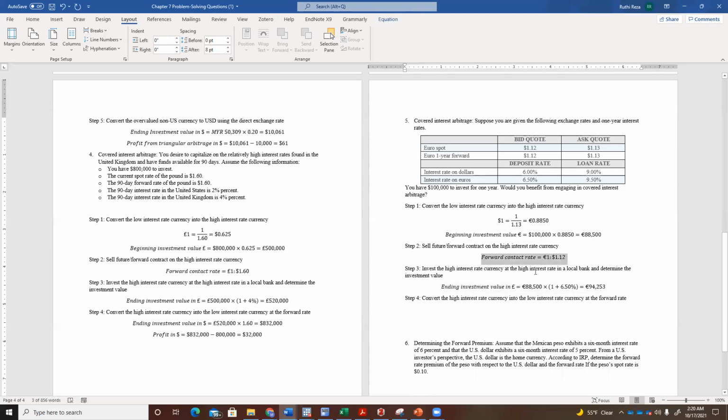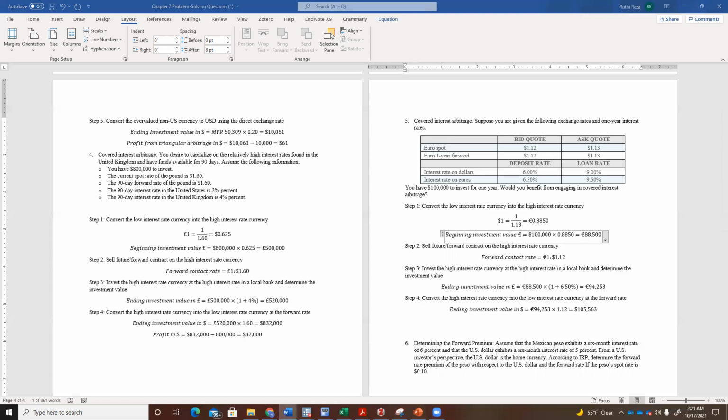Now we are going to convert our ending investment value in euro into US dollar using the forward contract rate. And for your information, our forward contract rate is $1.12 per euro. Now, using the exchange rate, our ending investment value in dollar is equal to $105,563. And for your information, we started with how much dollar? $100,000.